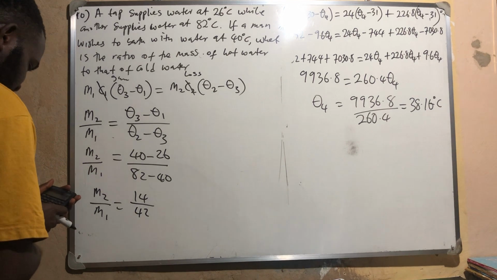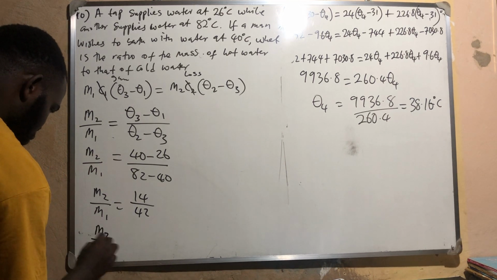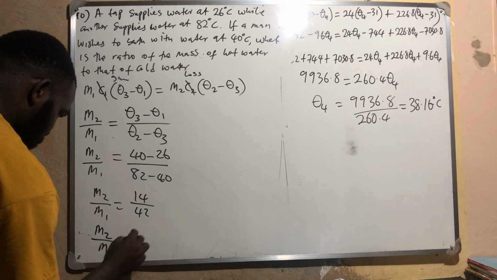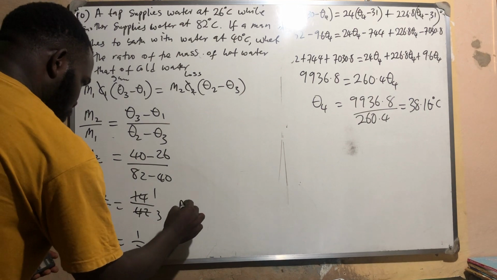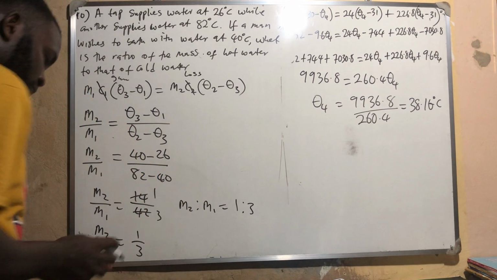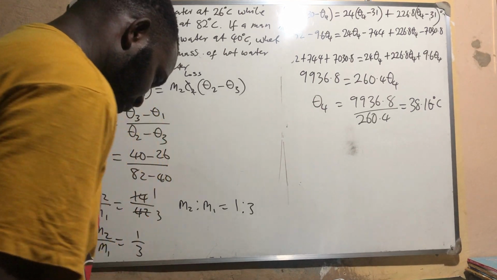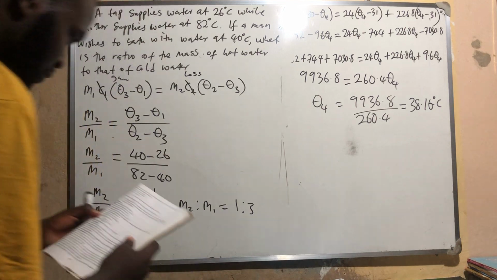So 14 divided by 42, M2 over M1 is equal to 1 over 3. Therefore, the ratio of M2 to M1 is 1 is to 3. So that is that.